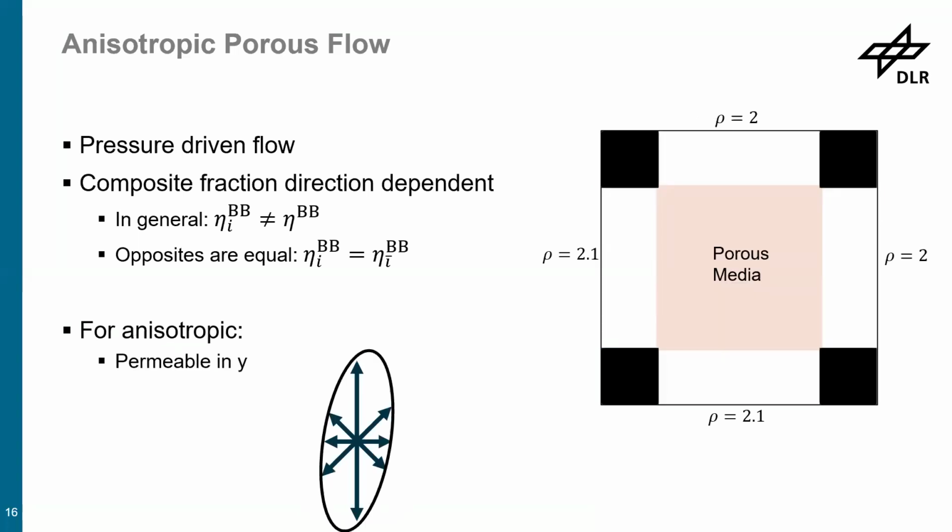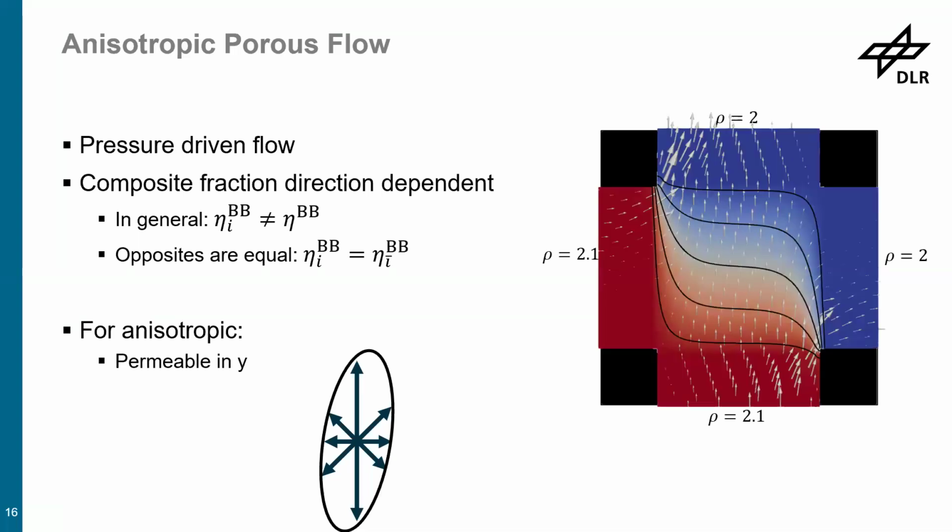However, in case we make the permeability in the x direction very low, so that we have only flow through the y-axis, we can see that the flow also really changes. We have some flow that sneaks around the corners in the top and the bottom left, but most of the flow is actually going through the y-axis.